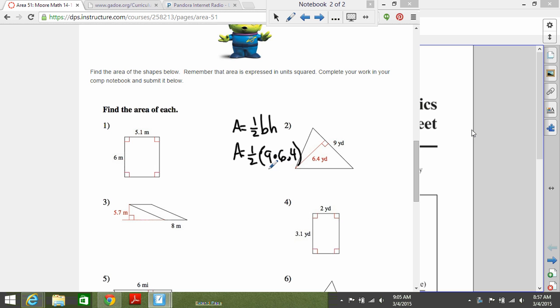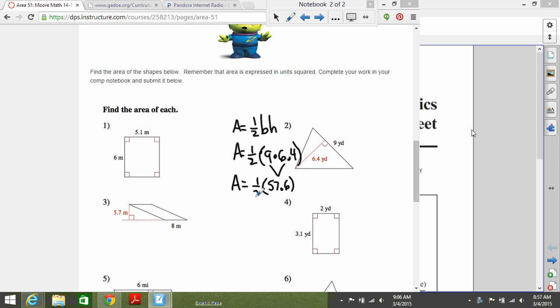All right, now we need to solve this. The next step is to calculate. What do I calculate first? Where would I start with this? What would I do first? 9 times 6.4. We start with parentheses. So 9 times 6.4, which gives us 57.6.